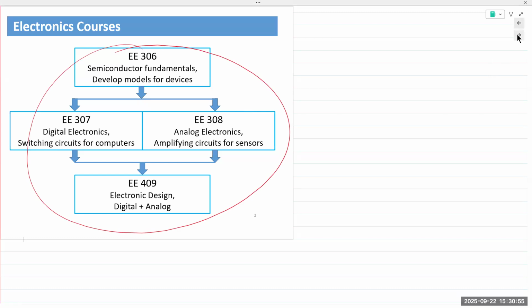Whether it's digital or whether it's analog, the circuits or the components are the same. It's simply a matter of looking at it, right? So a light switch is an example of a digital application or digital circuit. A light switch has two modes or two states, either on or off, 0 or 1.